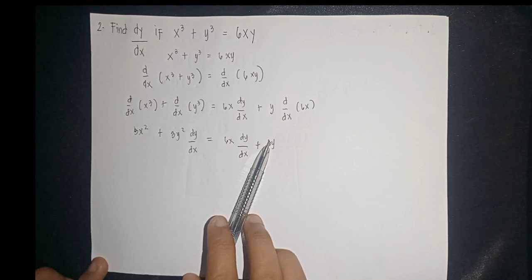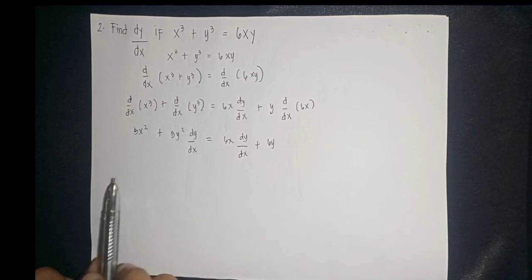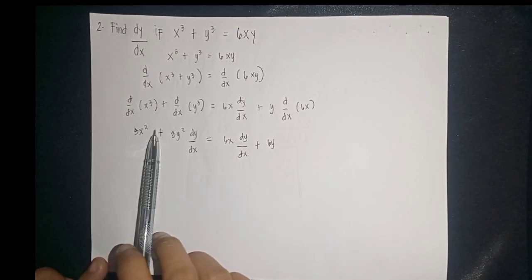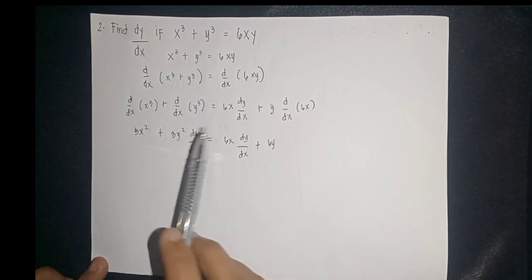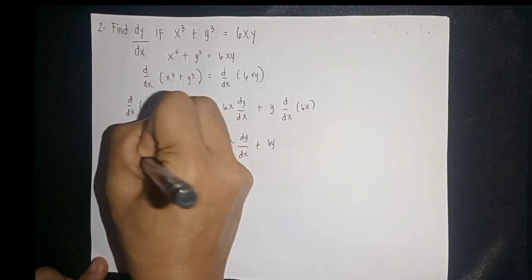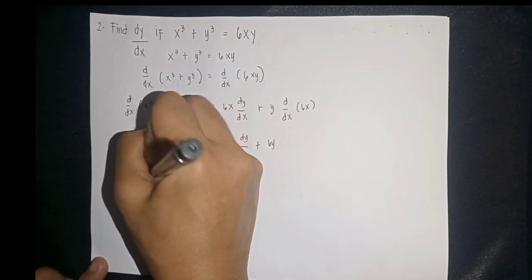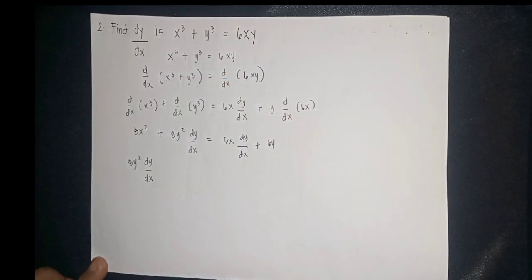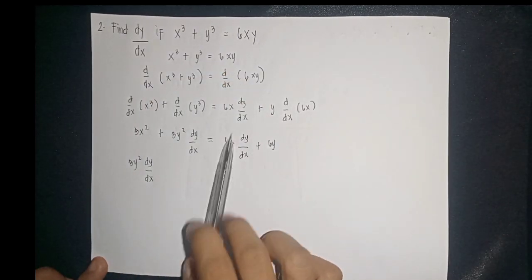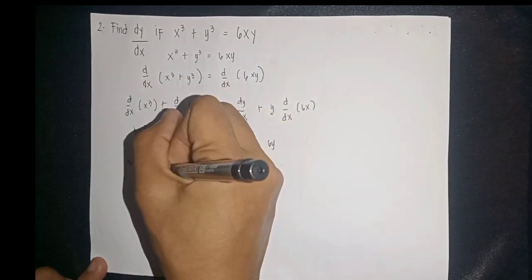So then after that, let's bring down the 3x squared plus 3y squared times the derivative of y with respect to x.